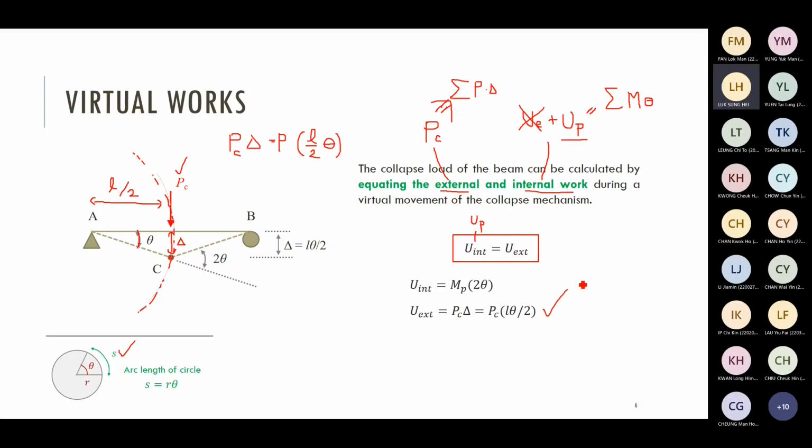That is what I put down on the right hand side: U_EXT equals P times L theta over 2. I'm using one approximation, the arc length of a circle. This is a very common technique we use in structural analysis when you talk about small deformation with some rotation considerations.